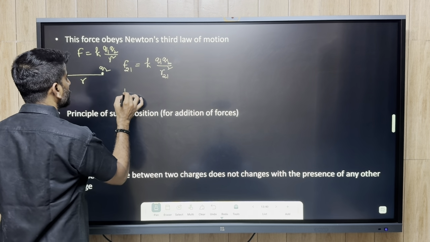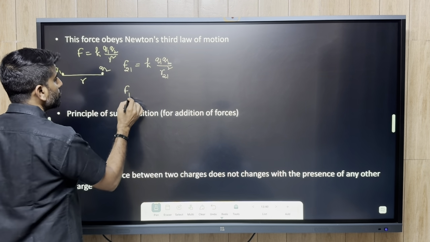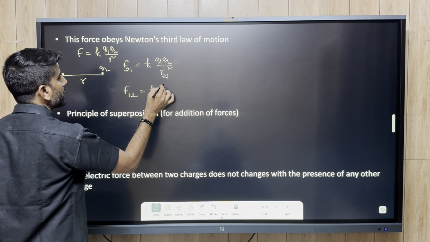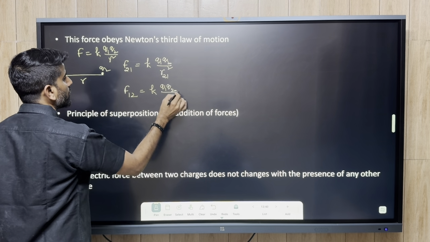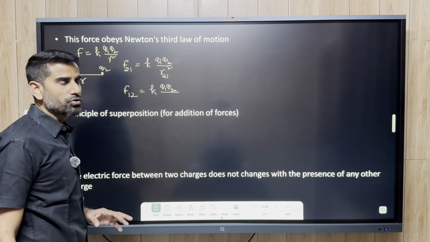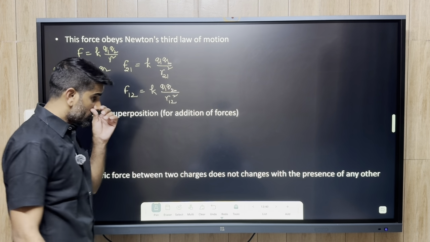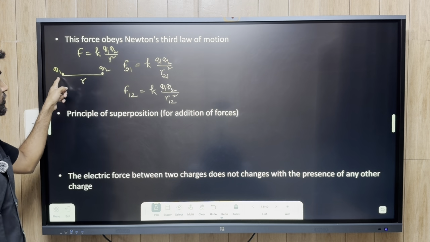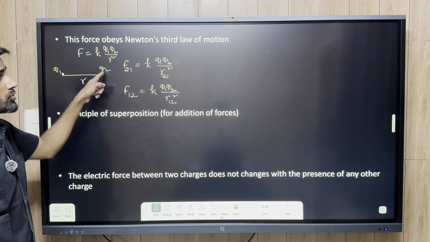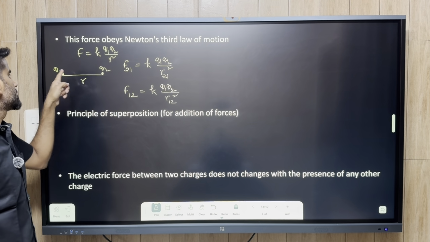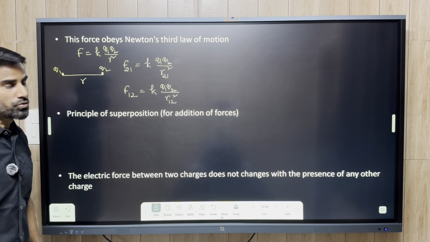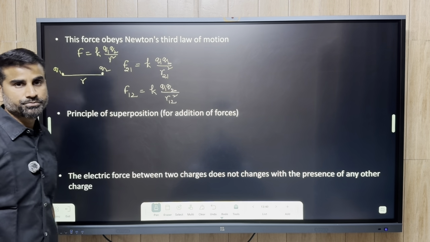Now if I want to find the force on Q1 due to Q2, it is equal to k Q1 Q2, I can write Q2 Q1, Q1 Q2 or Q2 Q1 makes no difference here, by R12 square, because I am defining the force on Q1 due to Q2, and the distance of Q1 with respect to Q2, the position of 1 with respect to 2.